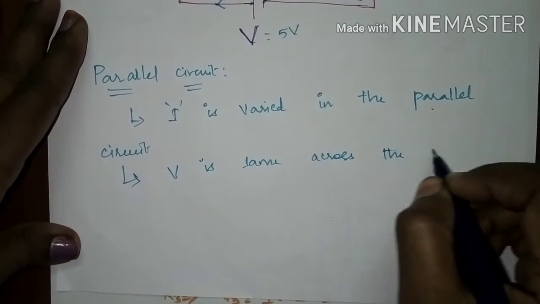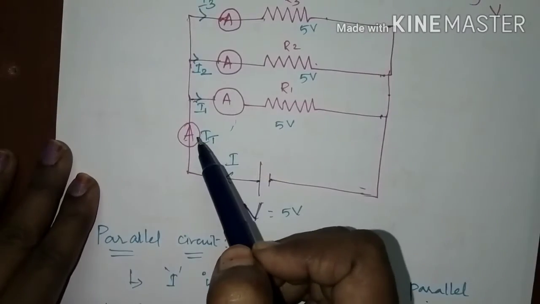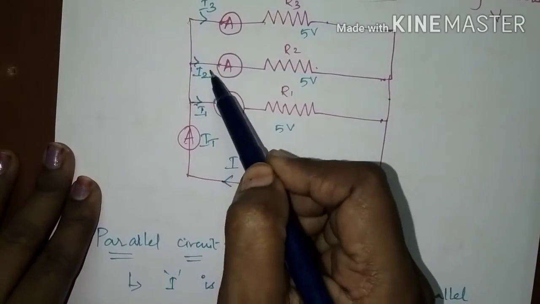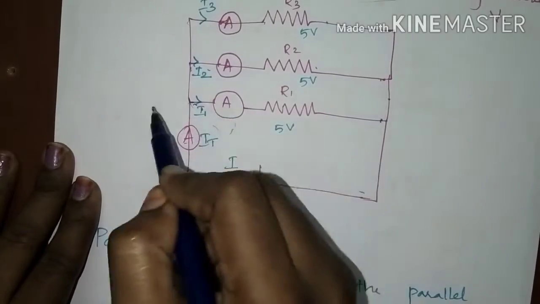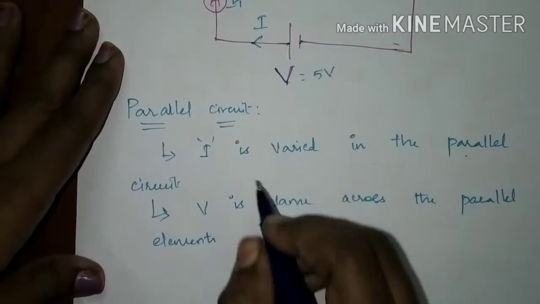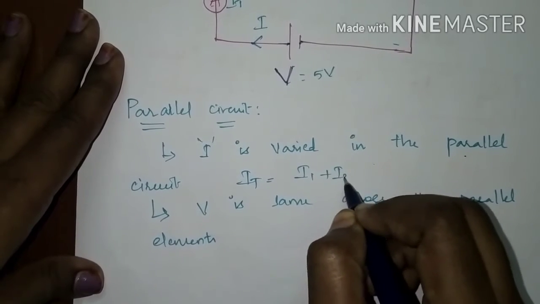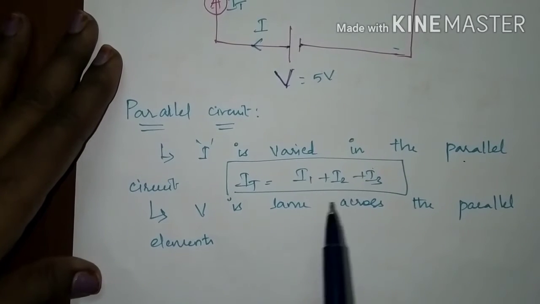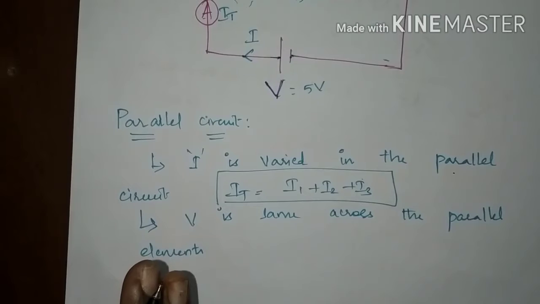We can see in this circuit that I total has been divided as I1, I2 and I3. So, the total current is nothing but the sum of all the branch currents: I total equals I1 plus I2 plus I3.